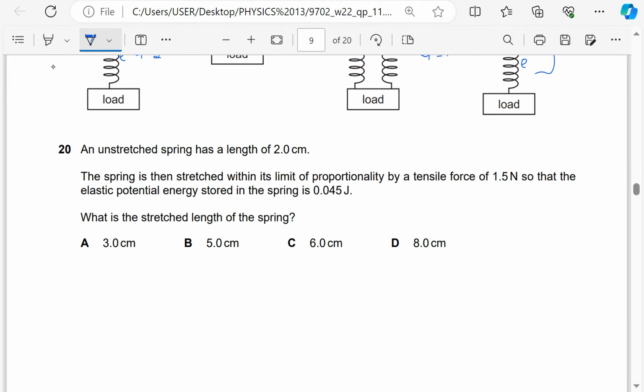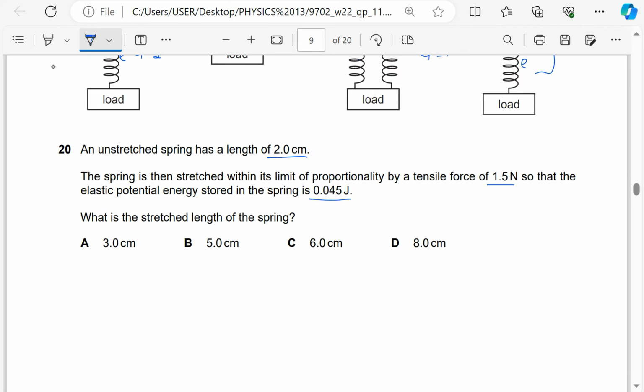An unstretched spring has a length of 2.0 centimeters. The spring is then stretched within its limit of proportionality by a tensile force of 1.5 newtons, so that the elastic potential energy stored in the spring is 0.045 joules. What is the stretched length of the spring?